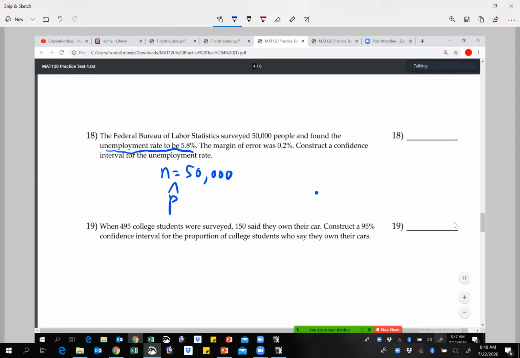So from that sample, the sample unemployment rate is 0.058. And they tell us that the margin of error is 0.2%. Be careful with your decimals. That's going to be 0.002. So that's the information.